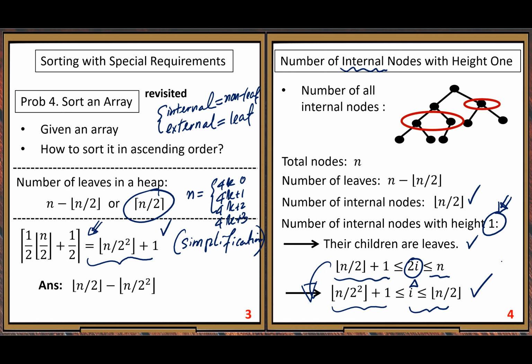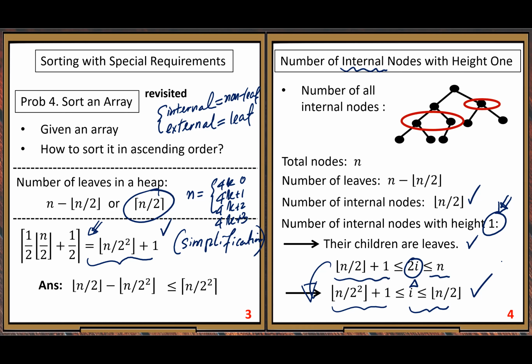If you compare it with our number of leaves formula, floor function of n over 2 minus floor function of n over 4, 2 squared, pretty neat.